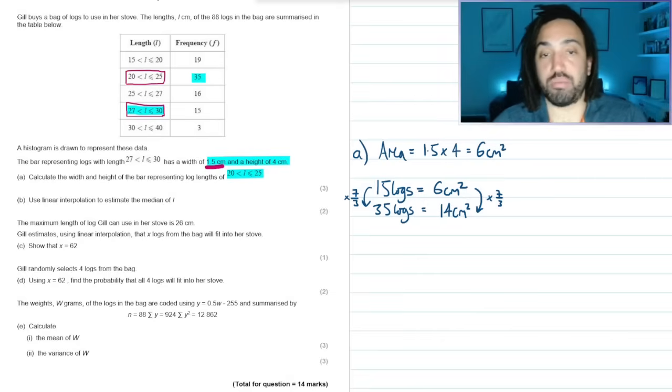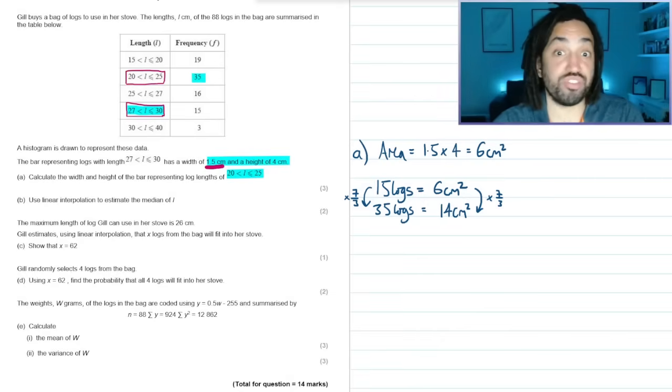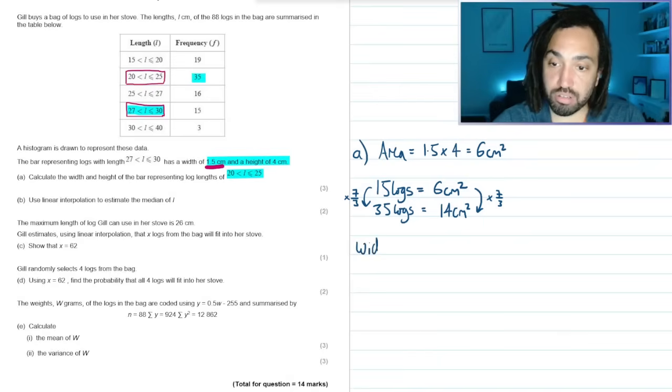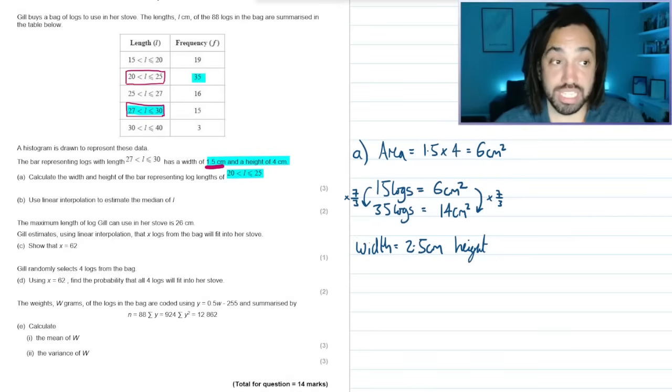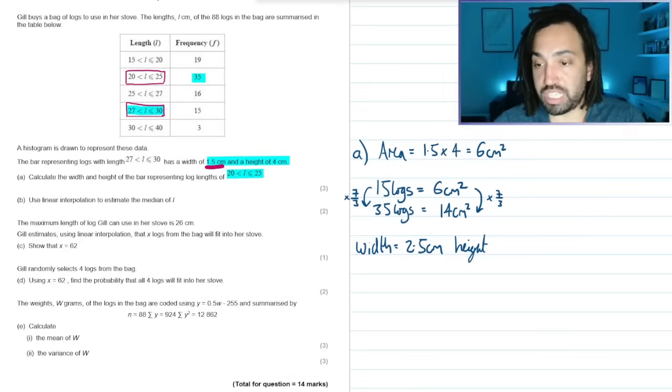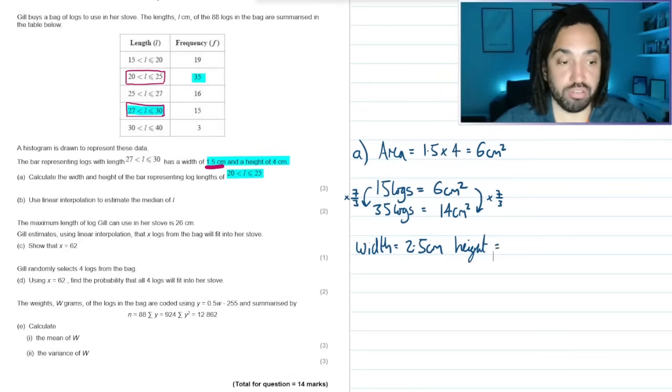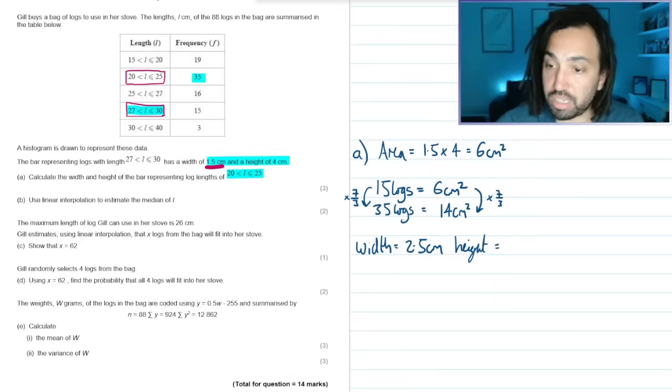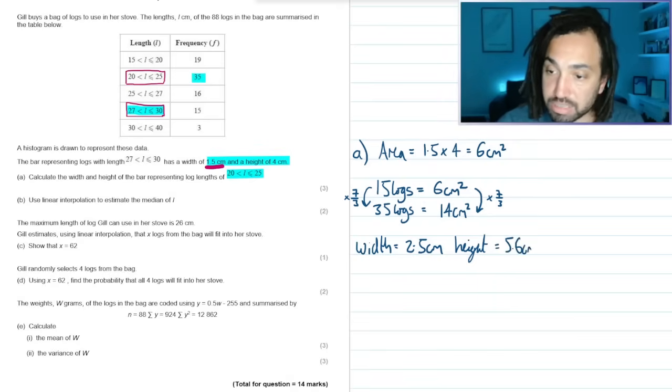So that means that that one will be 0.5 times 5 width. So we know that the width will equal 2.5 centimeters. And then the height, well, the width and the height need to multiply to make 14. So I just need to do 14 divided by 2.5. That gives me a height of 5.6 centimeters.